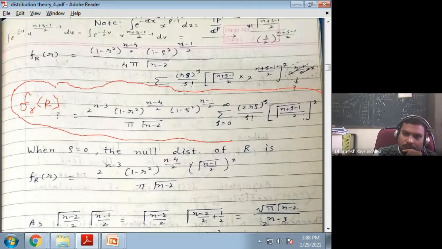And what is the range? The range is minus 1 to 1.